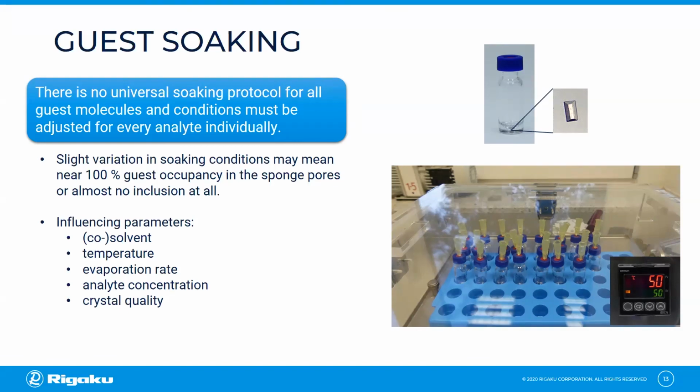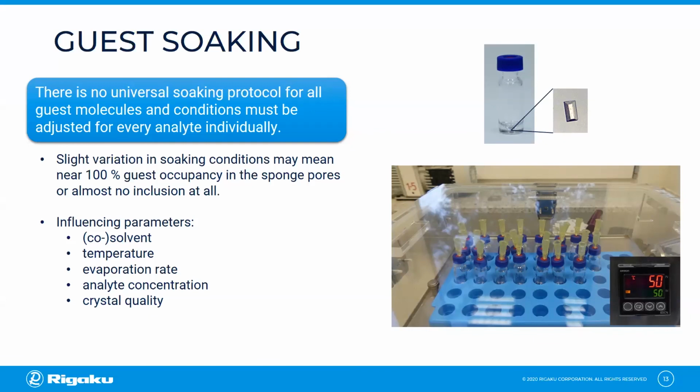The parameters that need to be optimized are the choice of the co-solvent for the analyte. Typically, chlorinated solvents like chloroform, dichloromethane, dichloroethane, or DME are used. The temperature and evaporation rate have a big influence on the alignment of the molecules in the cavity.